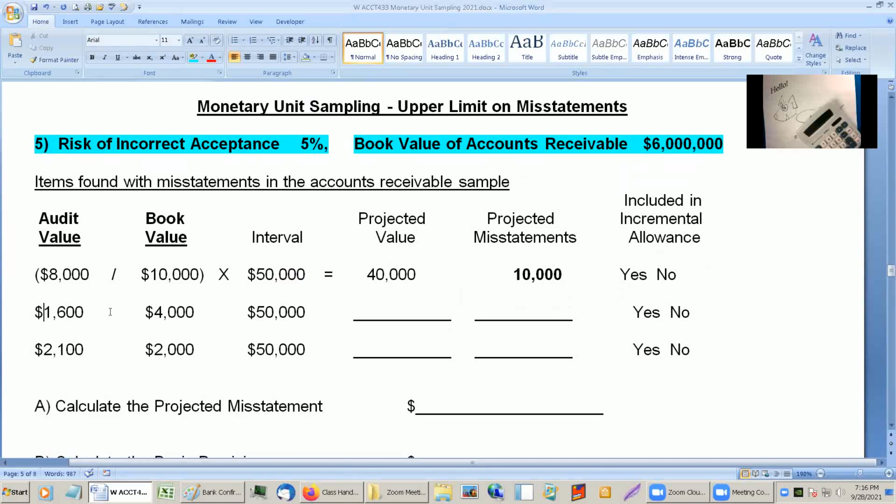Okay. Coming down here. We have 1,600 divided by 4,000, times 80,000 equals some number.